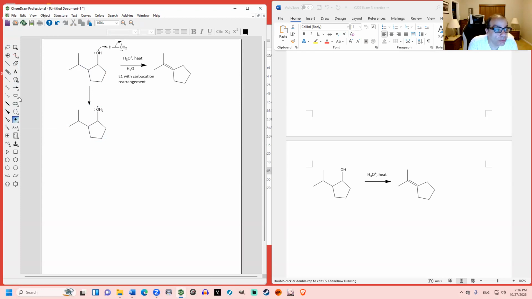Water is a very good leaving group, unlike OH. So in the next step, we lose the leaving group. That's always going to be the case in a unimolecular reaction, E1 or SN1. And we're left with the secondary carbocation.